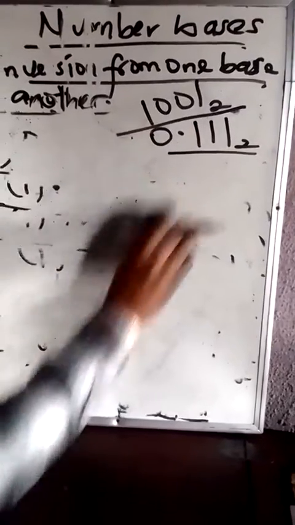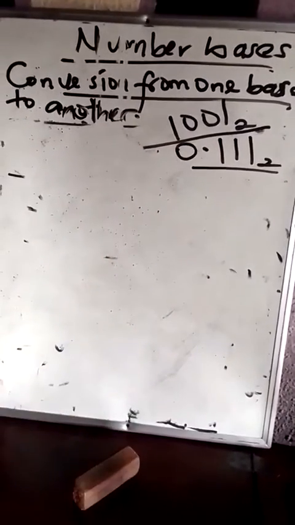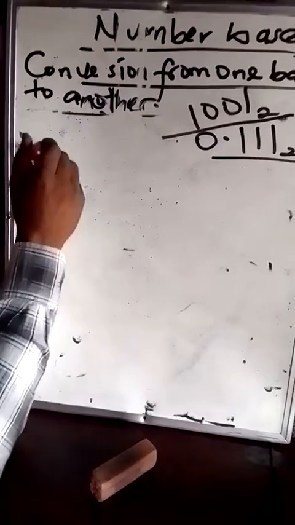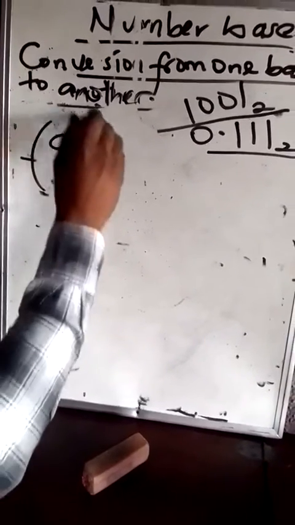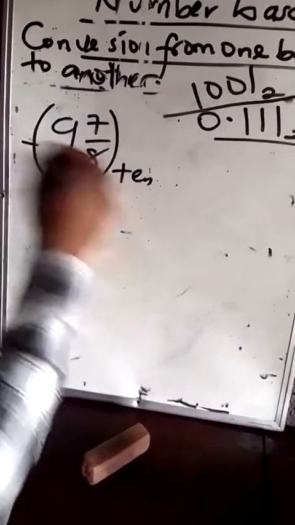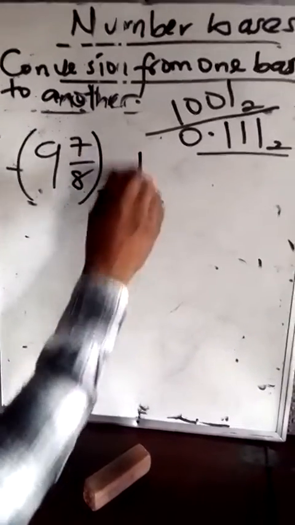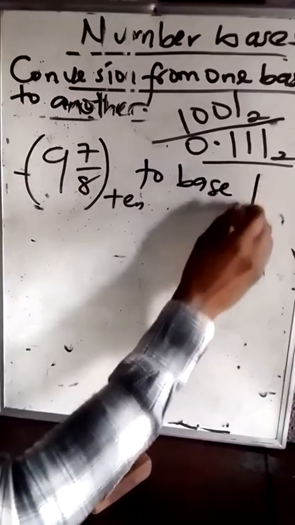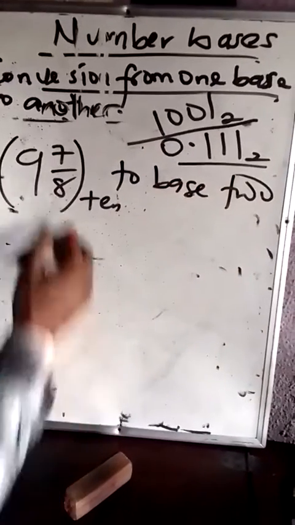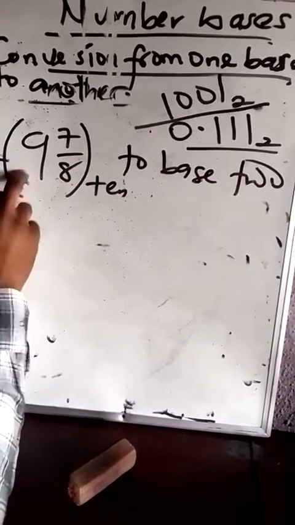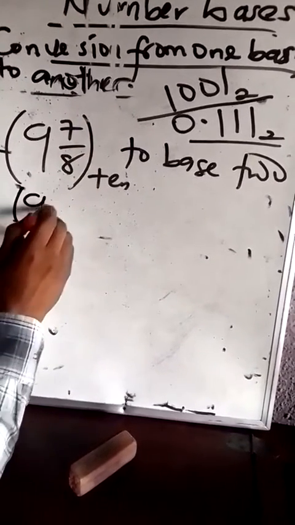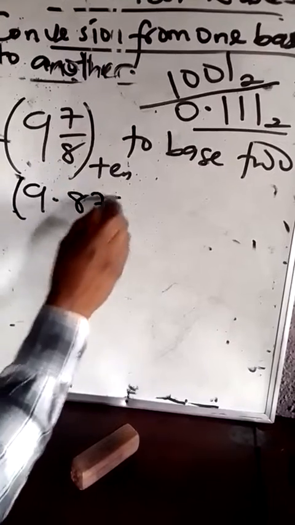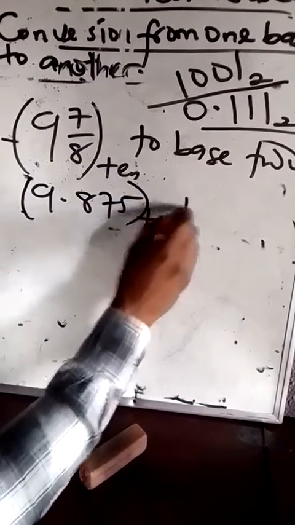Now, how we started: 9 and 7 over 8, 9 whole number 7 over 8 to base 2. 8 times 9, 72 plus 7 is 79. Divide 79 by 8, so we have 9.875 base 10 to base 2.